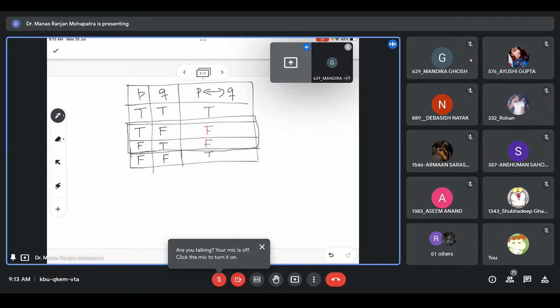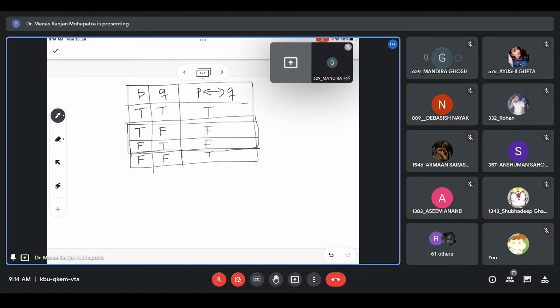But this biconditional is exactly the negation of exclusive OR. So this statement P double implication Q is equivalent to the negation of P exclusive OR Q. Okay. We will discuss the equivalence of statements later on. But just for your information, I am saying that it's exactly opposite of the exclusive OR.